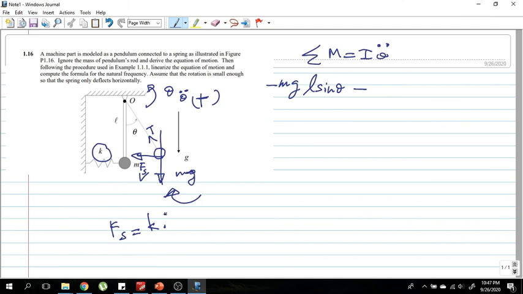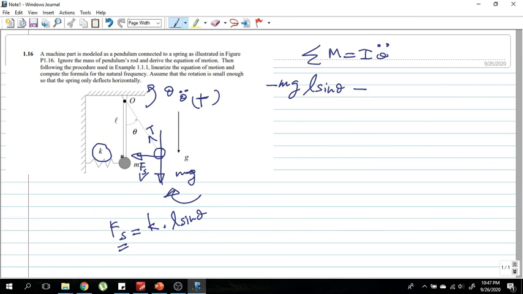So what is the displacement of the spring? It is L sine theta. L sine theta is the displacement of the spring, and that is the value of Fs. Now let us take a look at the moment generated by this Fs. So it is Fs into L cos theta.